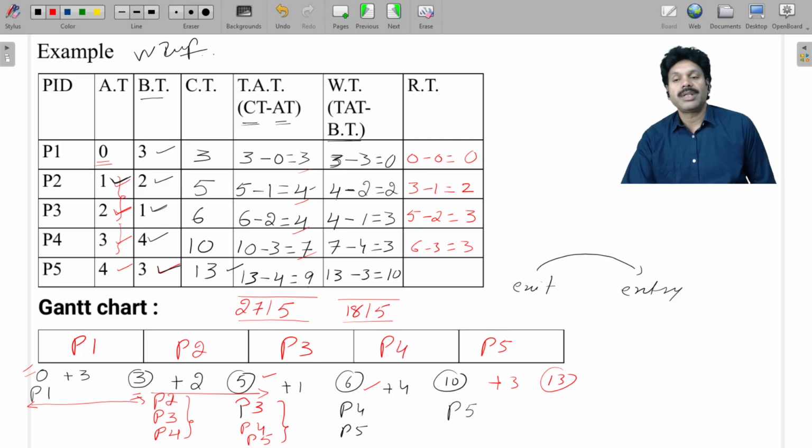Then the next one is P5. P5 has come at 4, but P5 is handled by the CPU at 10. So 10 minus 5, which is 5, is your response time. So this is how to solve whenever the processes have different arrival times.